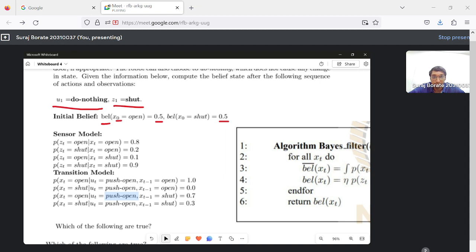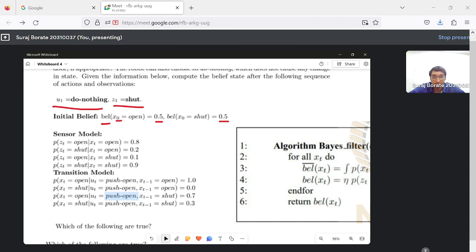So the prediction remains the same as the belief of the initial state. Intuition also tells us that the belief should be 0.5. But you can follow the formula and get the answer as shown here.